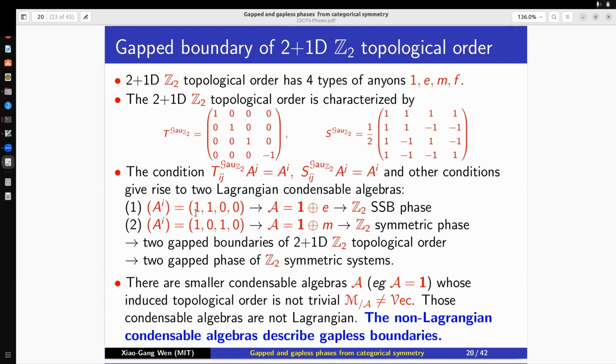And now we feel we are ready to attack this question because we know what we want. The gapless boundary is characterized by a non-maximum condensed algebra. So hopefully there should be a design based on this non-maximum condensed algebra. We can design the boundary Hamiltonian which realizes this particular gapless boundary phase.